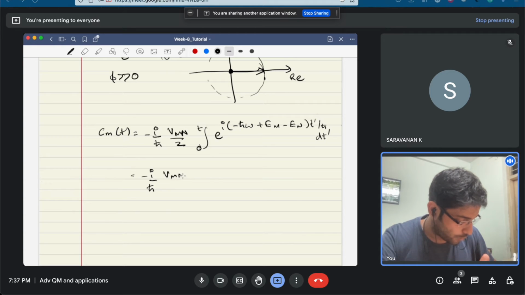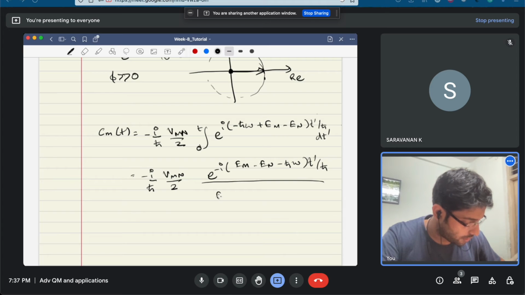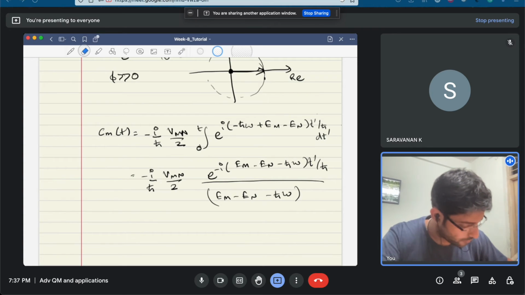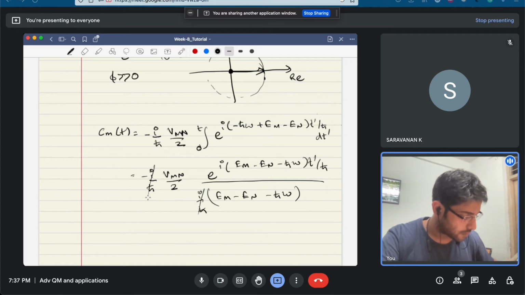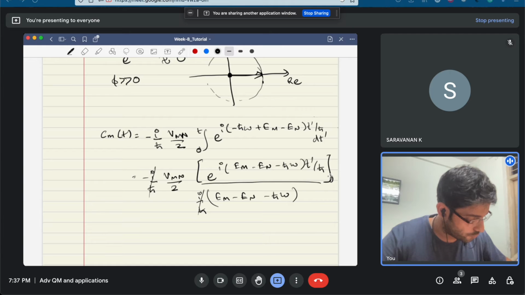integrate. So what we have is basically minus i h bar, or let's just write it in the form, e to the power i (Em minus En minus h bar omega) t prime by h bar, divided by i (Em minus En minus h bar omega) by h bar, and these cancel out, and this goes from 0 to t.